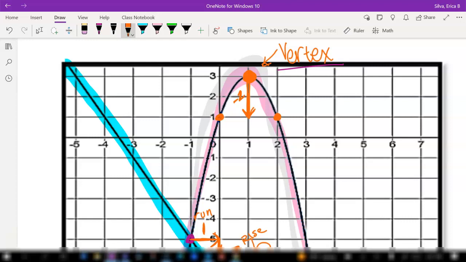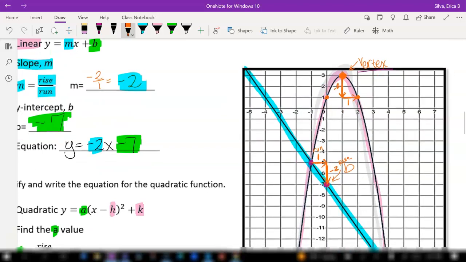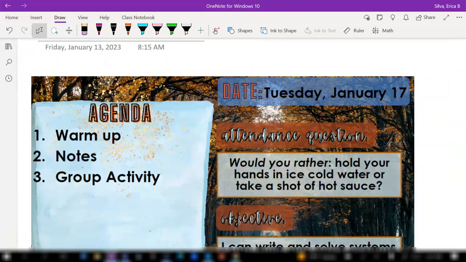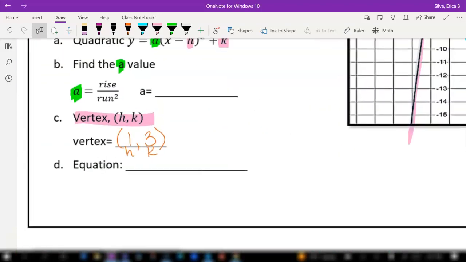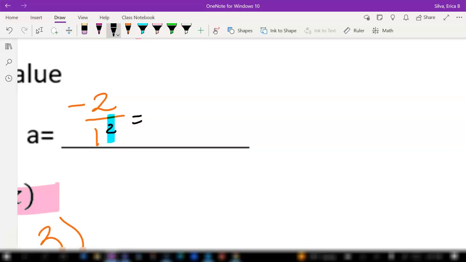Now on this one for parabolas, we can either go right or left. I'm just going to keep it consistent and go right. And that's a change of 1. So for the a value for my quadratic function, my rise is -2 and my run is 1. And because it's quadratic, we need to square it. So we simplify. -2 divided by 1 squared is -2, because it's basically -2 divided by 1.